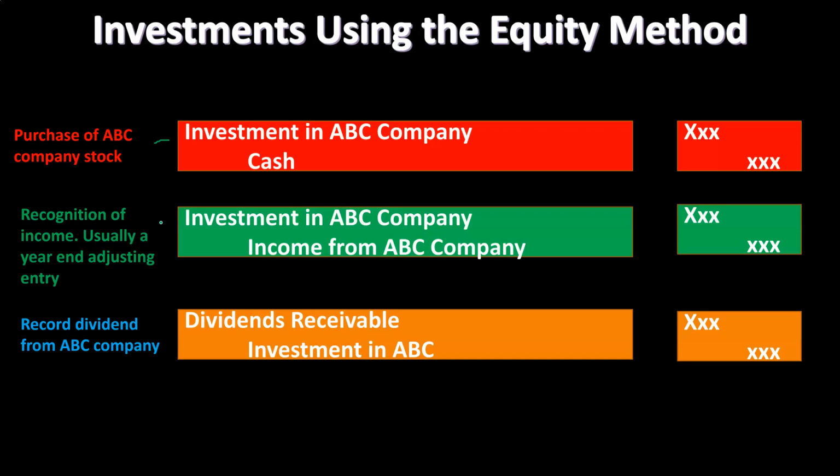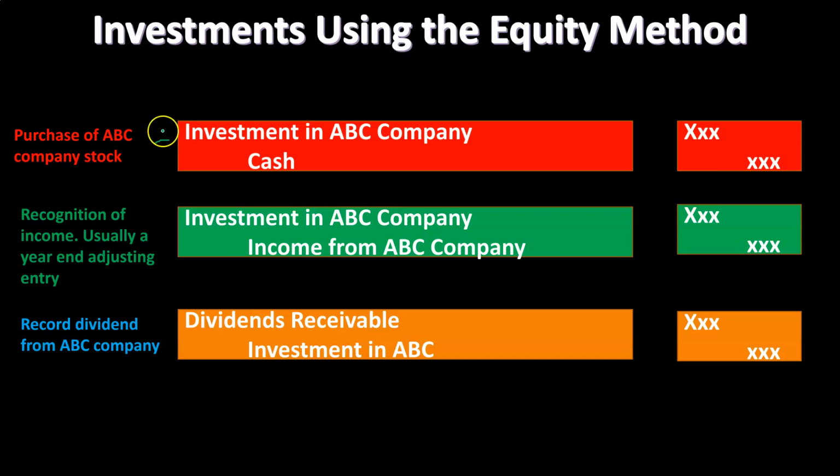Then we have the recognition of income, usually a year-end adjusting entry. So at the end of the year, typically, we're going to have the recognition of income. Whatever income was reported on ABC Company's books, we're going to take our portion of it. If we own 30% of ABC, whatever they made times 30% is our portion, and we're going to record a debit to the investment in ABC Company.